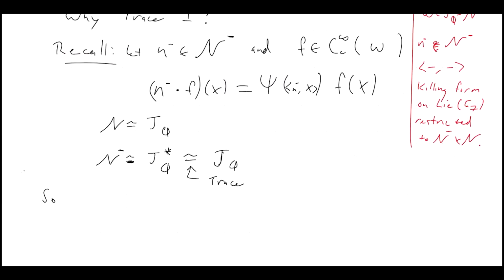So under these identifications, the pairing between n minus and x can be realized as the trace of n minus, viewed as an element of the Jordan algebra, times x, viewed as an element of the Jordan algebra.